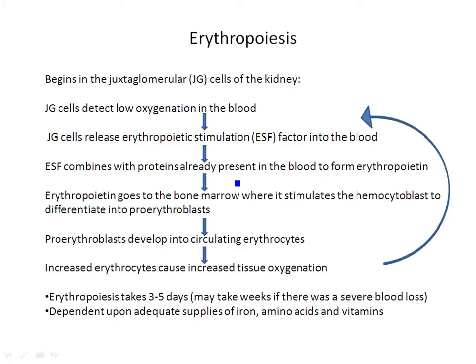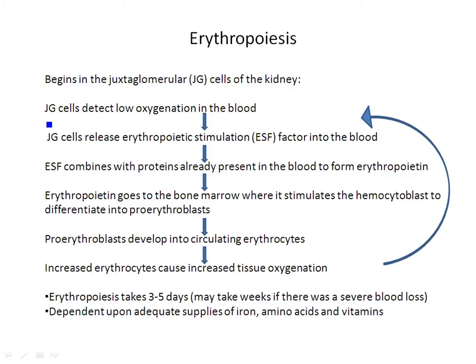So if you look at that, it takes about 5 minutes to circulate your entire blood through your kidneys. So your kidneys know exactly what's going on in your blood, and so they're a logical organ for this to be controlled by. So your blood's going through your kidneys, and all of a sudden your kidneys, particularly these JG cells, say, man, you're not getting enough oxygen. We're detecting low oxygen levels here.